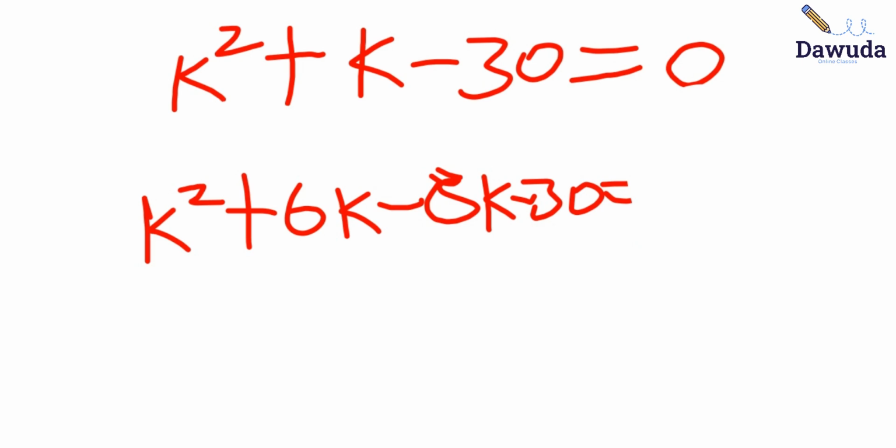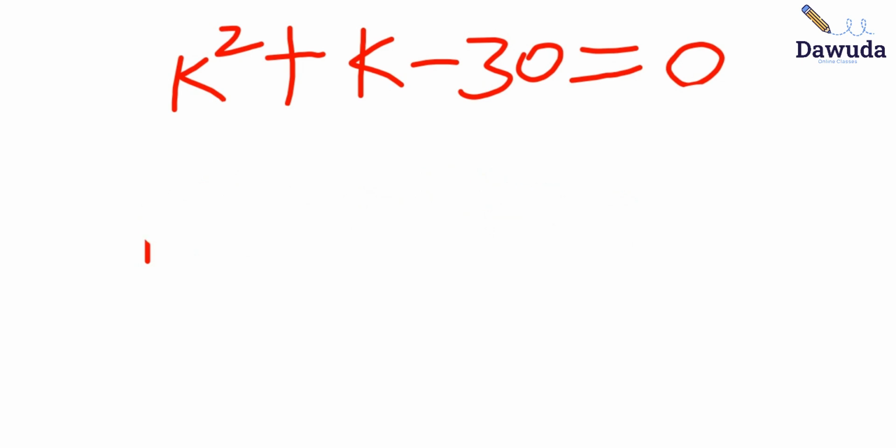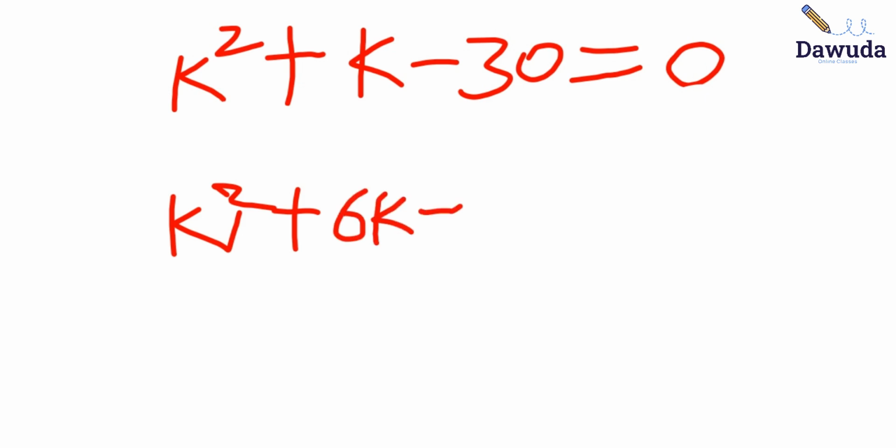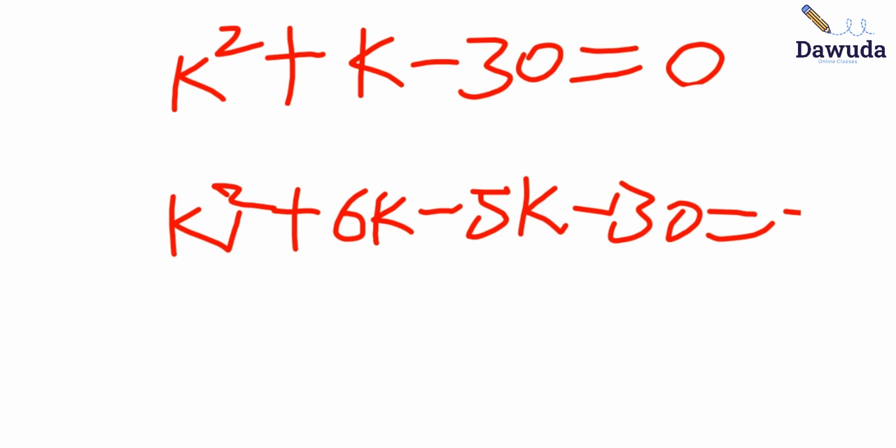So we now have k squared plus 6k minus 5k minus 30 to be equal to 0, right?